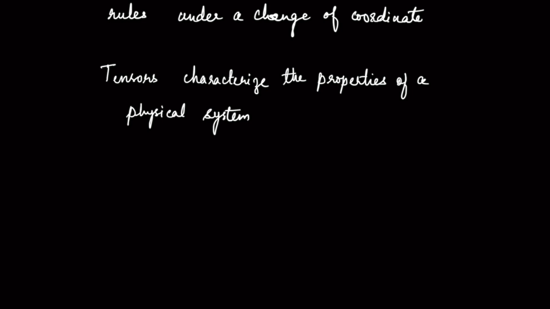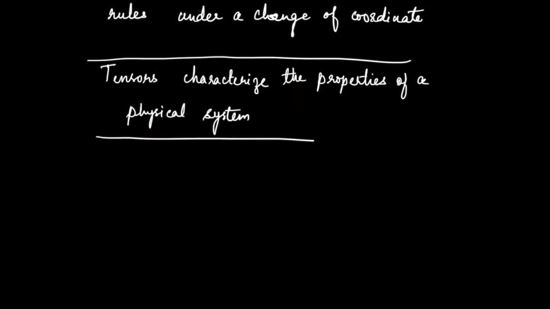So in physics, tensors characterize the properties of a physical system. Mathematically, tensors are just arrays of numbers or functions that transform according to certain rules under a change of coordinate. So that is the definition of tensors.